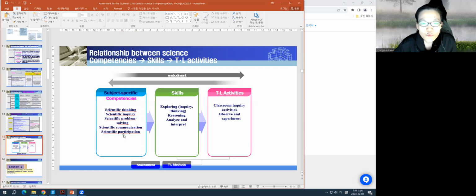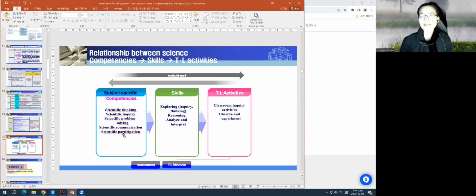And then we specify science competencies into science skills. It's also known as processes of science inquiry.